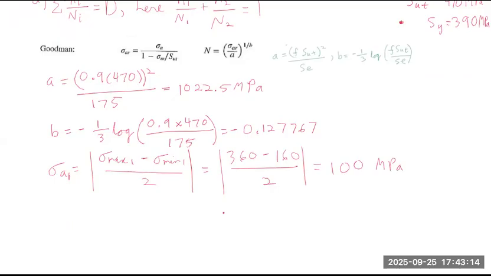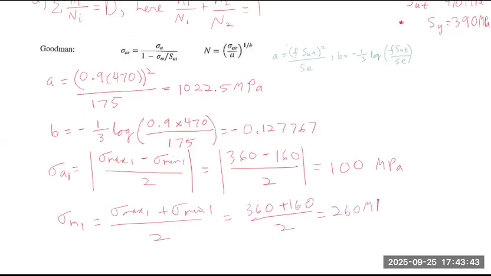On the other hand, sigma m1 is equal to sigma max 1 plus sigma min 1 over 2, which is equal to 360 plus 160 over 2, which is equal to 260 megapascals.